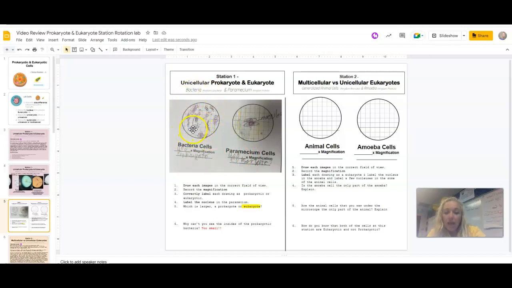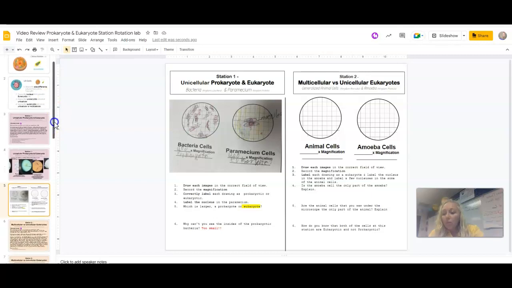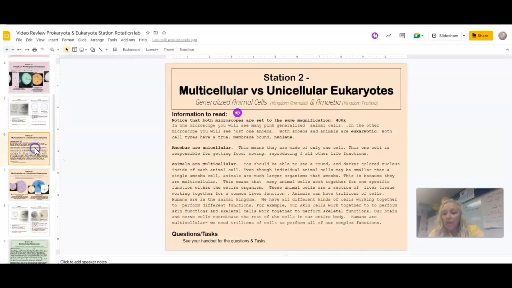I like how he made little tiny dots and squiggles and did not obviously have a nucleus in that picture, but here the nucleus was clearly drawn and labeled, and he appropriately labeled the bacteria prokaryotes and the paramecium as a eukaryote. Of course, the eukaryote is larger, and the reason that you can't see the inside of the prokaryotes is because they are too small. So let's look at the next station.